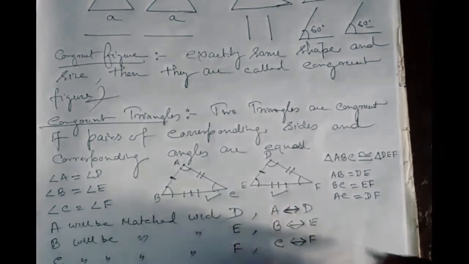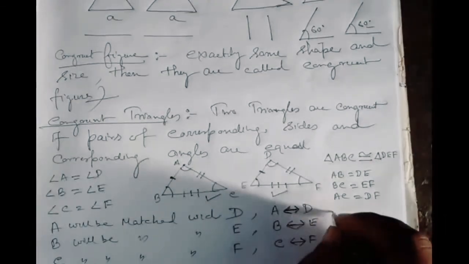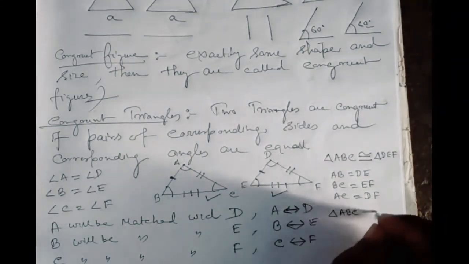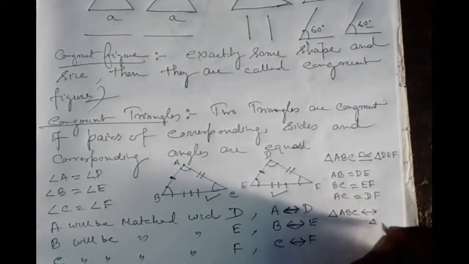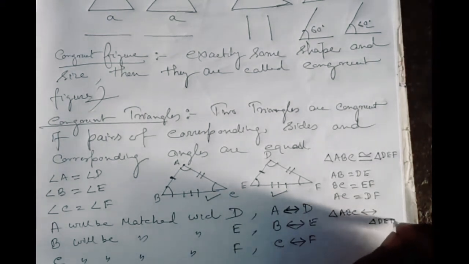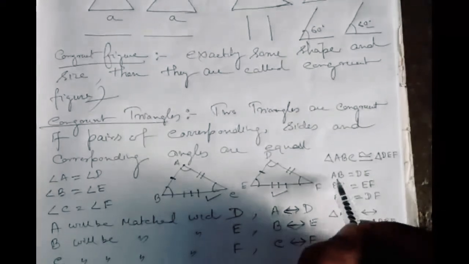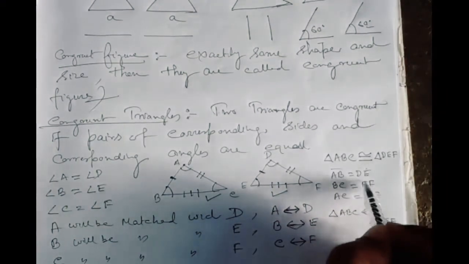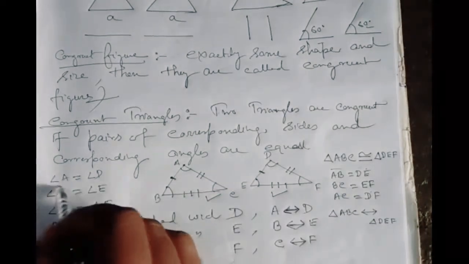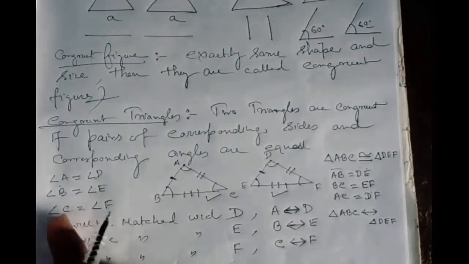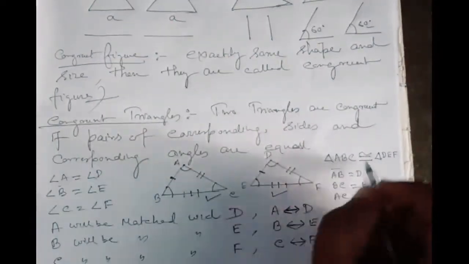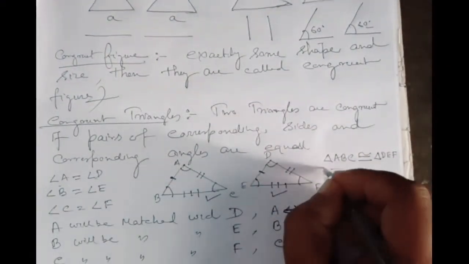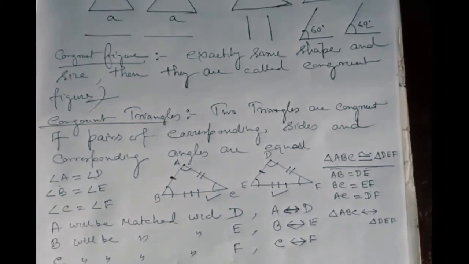And if this matches, then you can say that triangle ABC is matched with triangle DEF. Then we should measure these sides, AB to DE, BC to EF, AC to DF, angle A to angle D, angle B to angle E, angle C to angle F, and the angles also. Then we can say this. Understood?